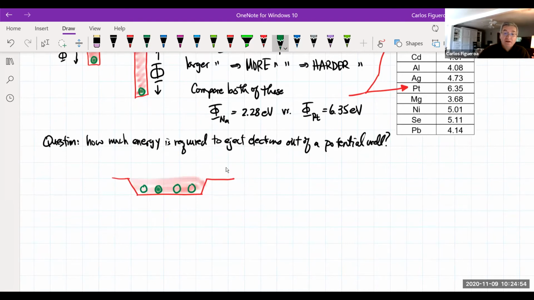So what you're seeing here is that you shine light and you have a localized bundle of energy, right? So this is a localized energy packet.